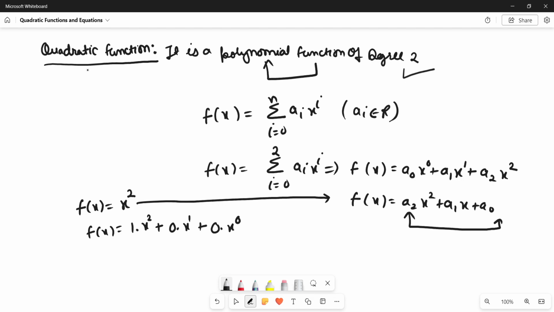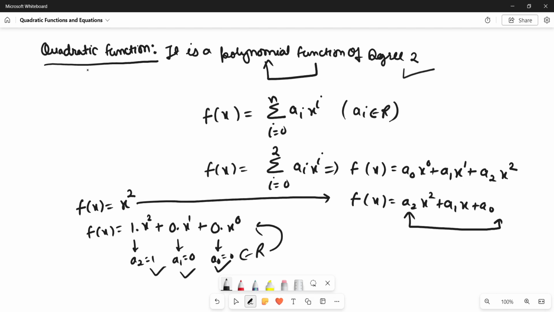Here a2 is equal to 1, a1 is equal to 0 and a0 equals 0. a2, a1 and a0 are real numbers. So it is a quadratic function.